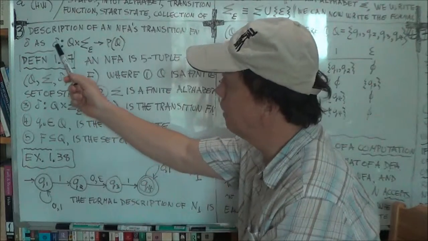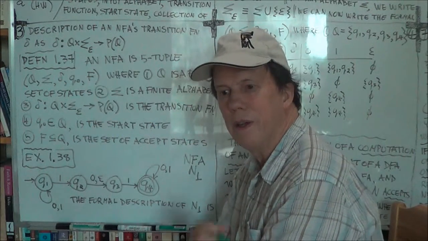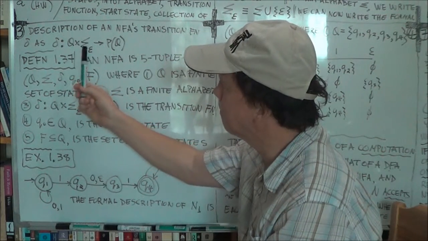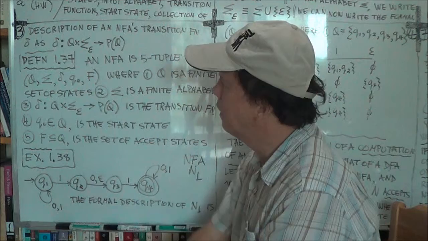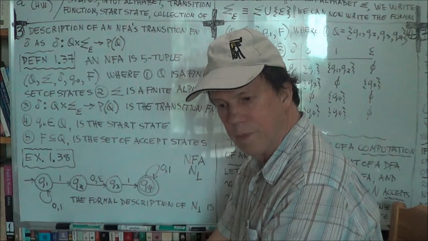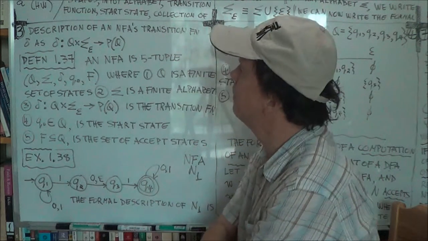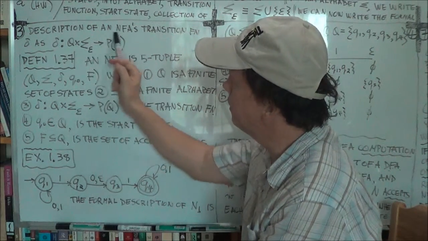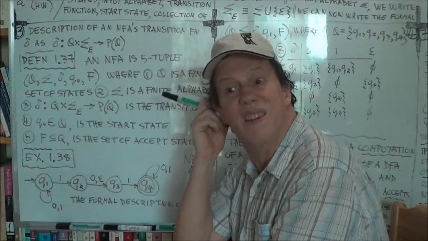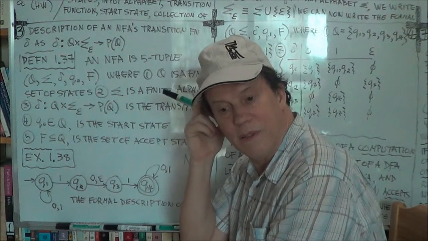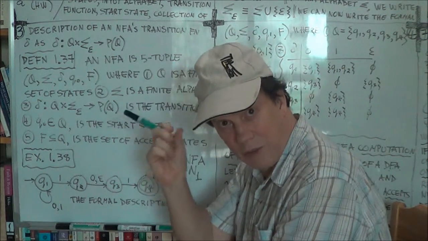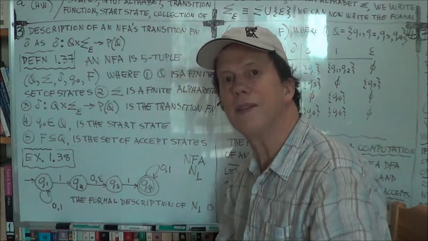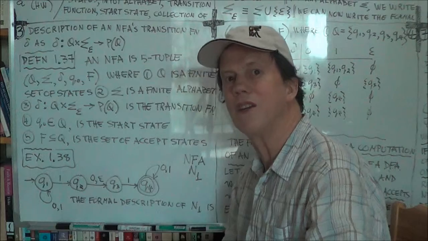And that's what happens in an NFA. Depending on what the current input symbol is, and if there's an eta, you may get more than one next state generated. That's characteristic of an NFA. So you may get a set of states generated.